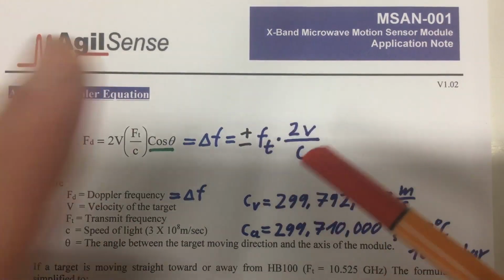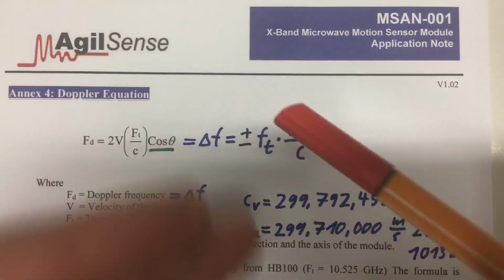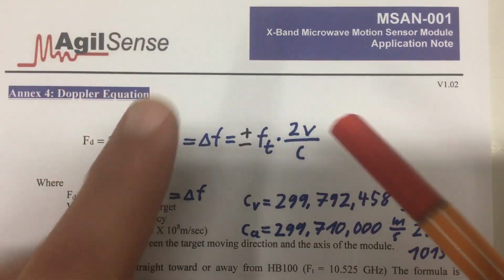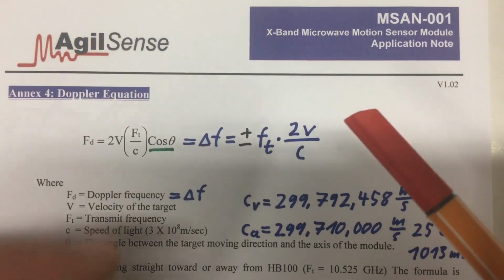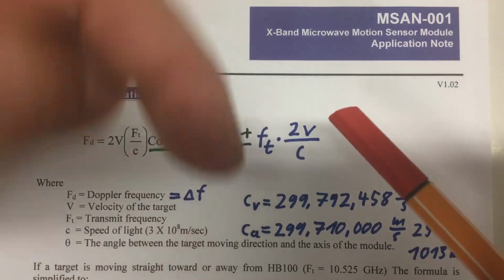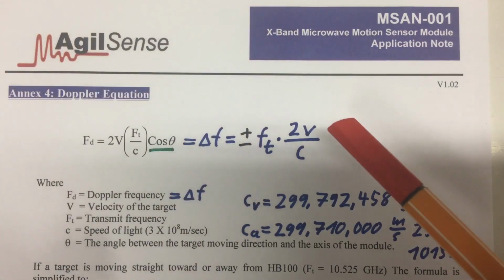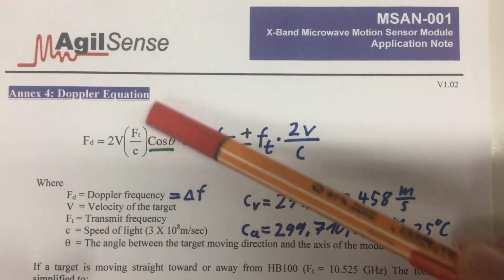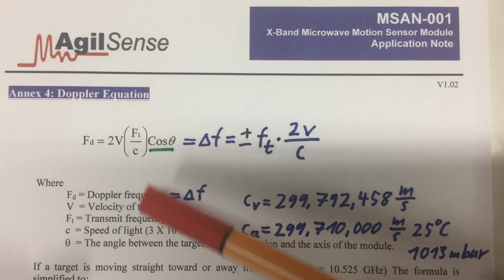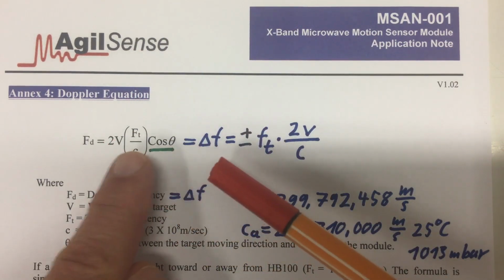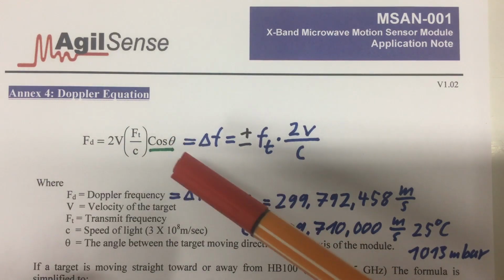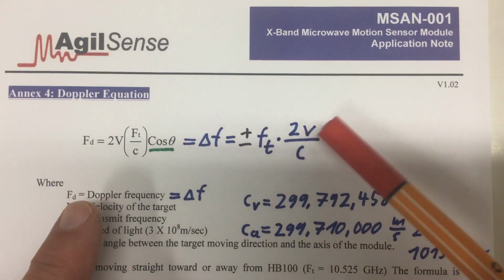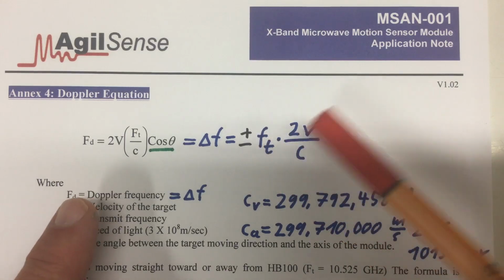You also find one of these formulas in the application notes for the HB100 radar module. If I can find them again on the internet, I just have a copy here, I'll put a link in the description. Anyway, they write it a little bit differently here, but you can see, but for that cos phi term, and we talk about that in a second, it's basically our formula here.